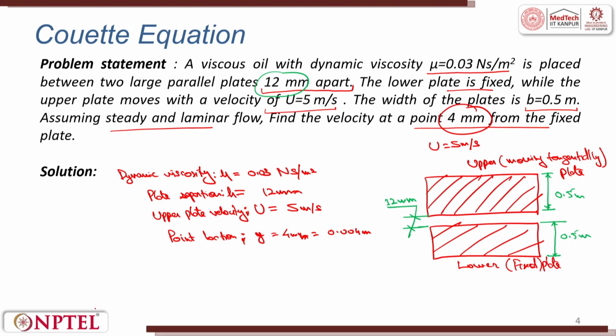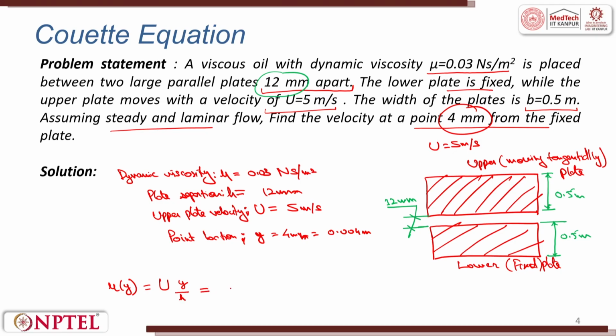Now, putting the relation here, u at y, where u is my fluid velocity at a distance y from the stationary plate, is equal to the velocity at which the upper plate is moving times the ratio of y and h.